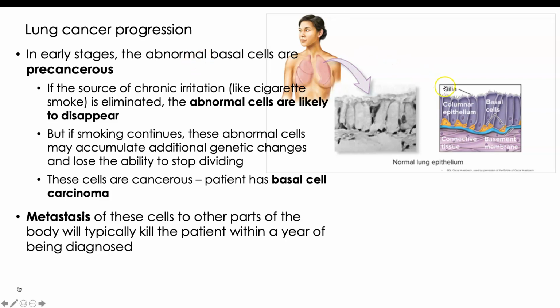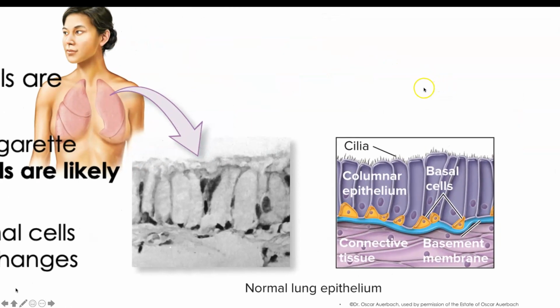Okay, so here's an image of the basal cells. So this is your typical lung cross section. You've got columnar epithelial cells, and then you've got basal cells, basal being bottom. They're cells that are found underneath these columnar epithelial cells.